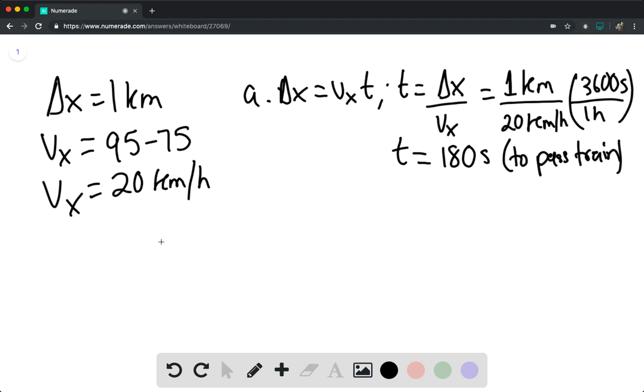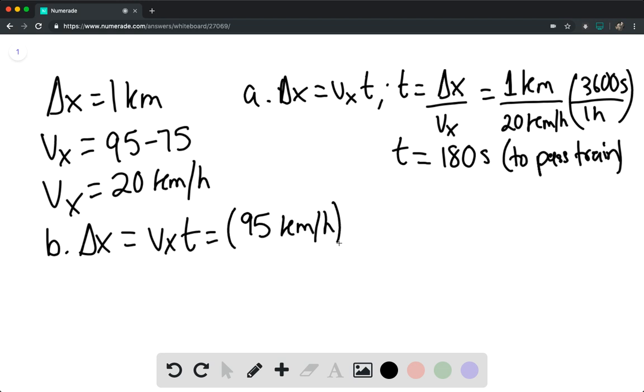Now for part B, essentially how far do you go in that 180 seconds? So we have Vx t. This is going to equal 95 kilometers per hour, times 0.05 hours, and this equals 4.8 kilometers.